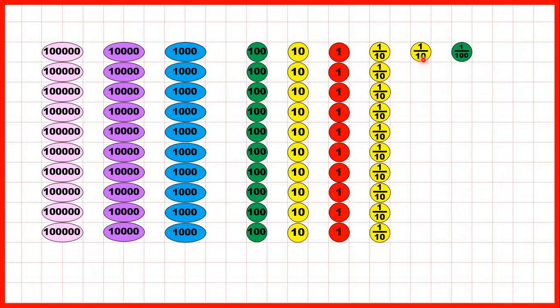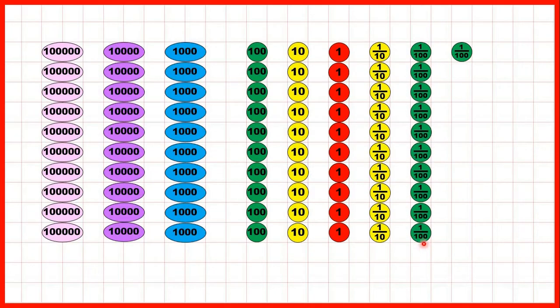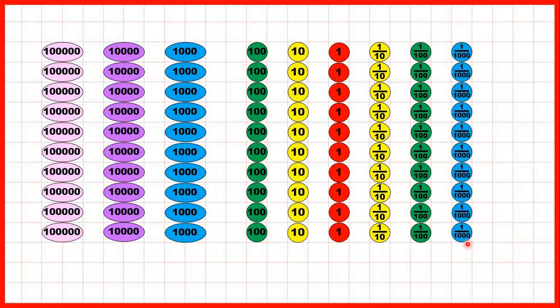If we have 1 1/10 counter, we can exchange that for 10 hundredths counters, because 10 hundredths has the same value as 1/10. And again, instead of writing 1 over 100, I could have written 0.01 on these counters. If we have 1 hundredth, we can exchange that for 10 thousandths counters.